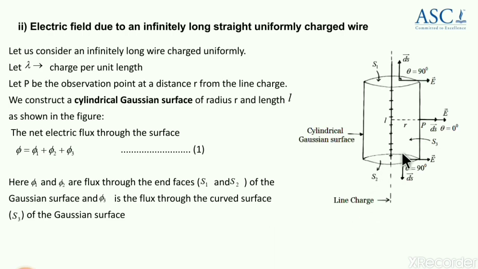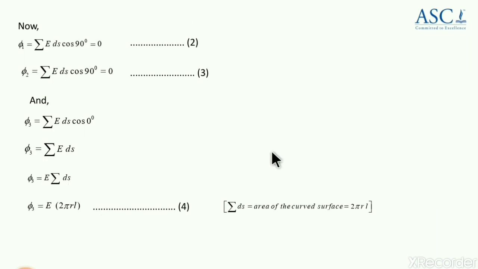So it will become 2 pi RL, because the circumference will be 2 pi r for the cylinder and it extends up to length L. Hence its surface area, that is the curved surface area, will be equal to 2 pi r times L. Now in place of the summation of ds, on including all those unit areas, we end up getting the curved surface whose area is 2 pi RL. If we substitute that here, the flux phi 3 expression will be equal to E times 2 pi RL.